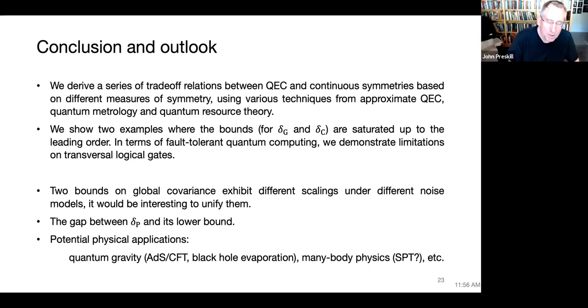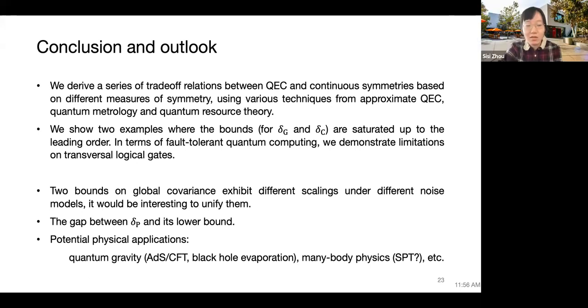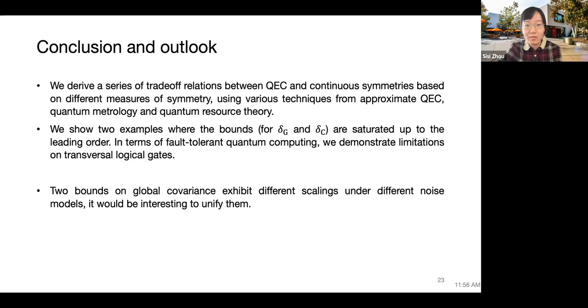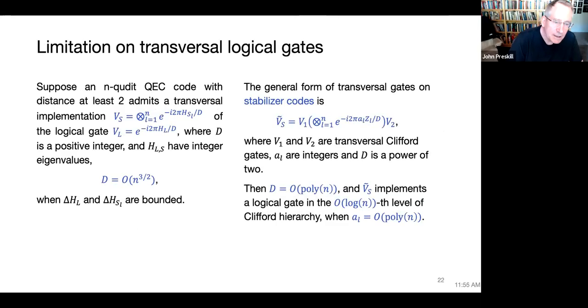It wasn't obvious to me how those limitations on transversal gates at the end were related to the other results. In that case, you were talking about discrete rotations, right? By some angle. And I guess the conclusion was that the angles you could do were getting smaller only inverse polynomially in N. Yeah.